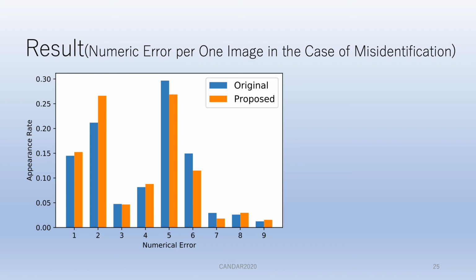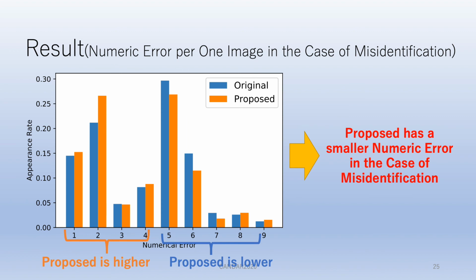The figure shows that the proposed model has a higher appearance rate of small numerical errors, such as 1 and 2, while the appearance rate of large numerical errors, such as 5, 6, and 7, is relatively small. These results show that the proposed model has a smaller numerical error in the case of misidentification.